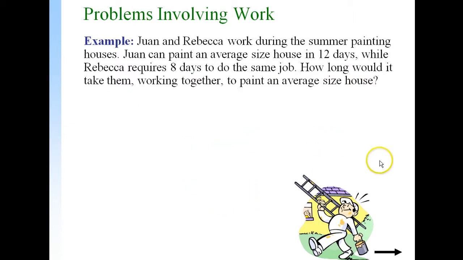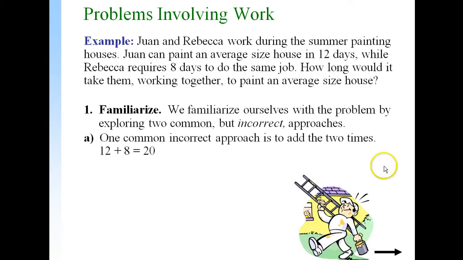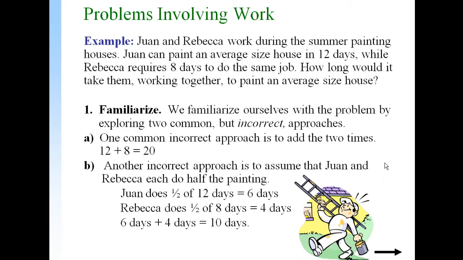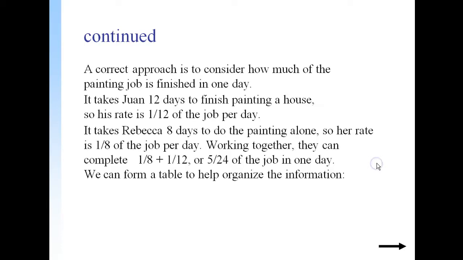All right, now let's watch them in action here. Familiarize yourself. Here they're just giving you a trial example to see how to do it. And again, I don't like the way they're writing these fractions here.